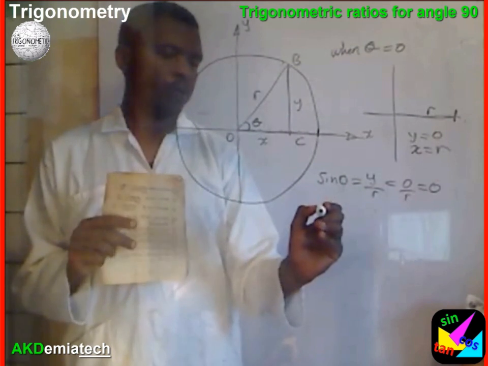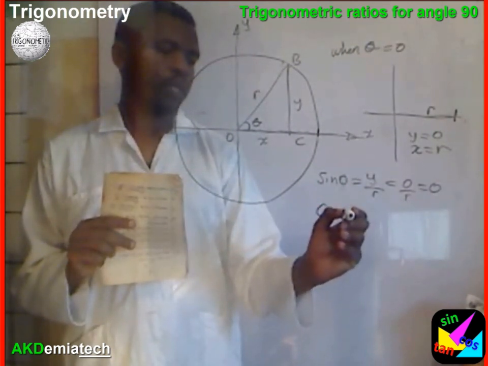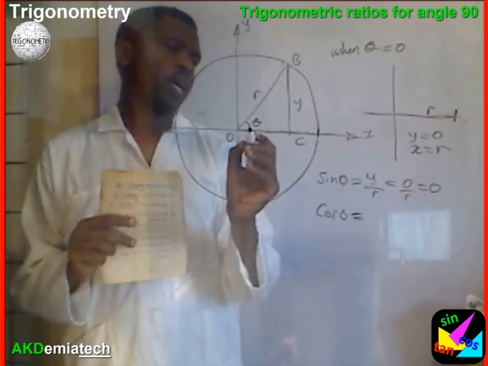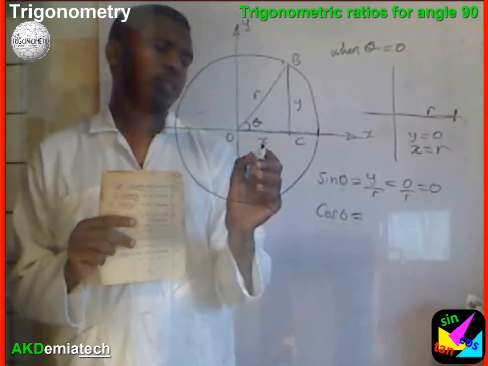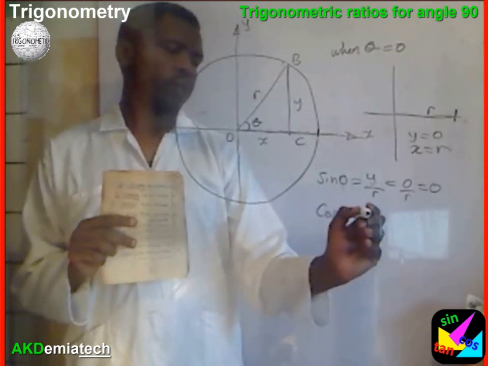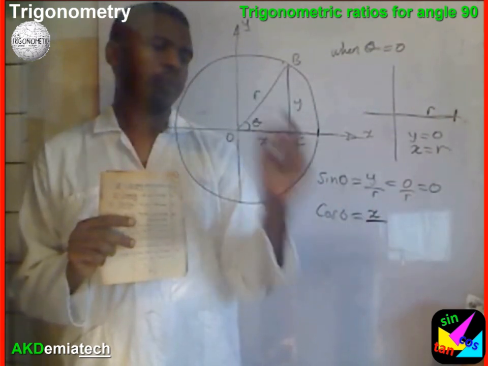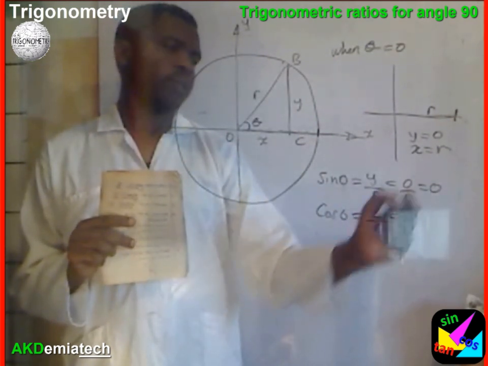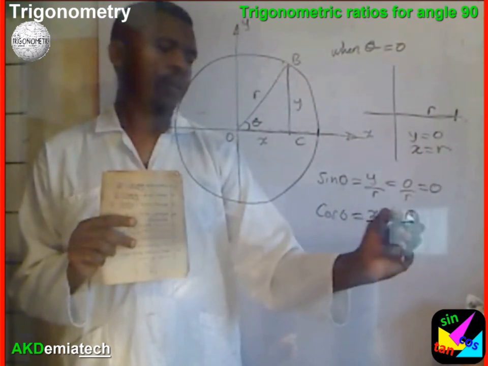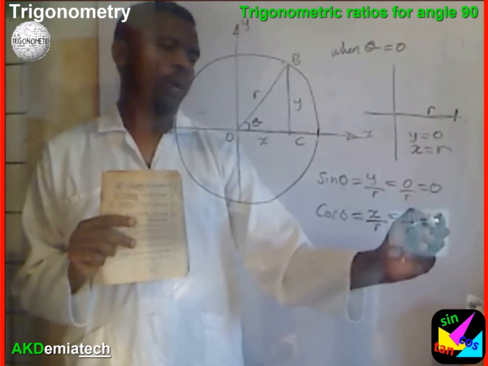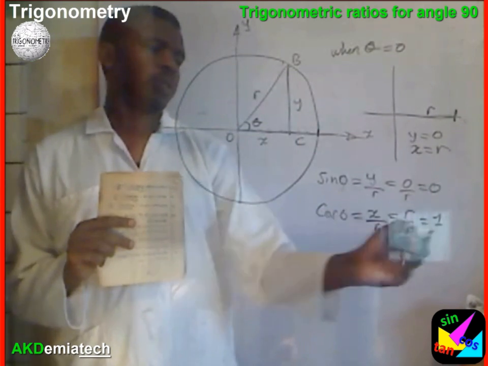Let's get cos. Cos 0 is equal to adjacent all over hypotenuse. This is x all over hypotenuse r. So what is x? X is equal to r, so I have r divided by r is 1. So cos 0 is equal to 1.